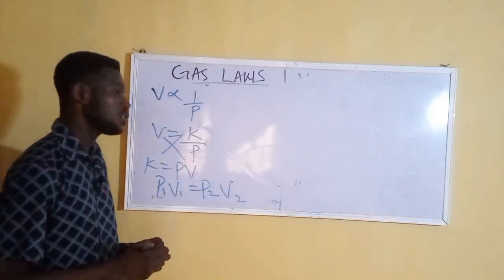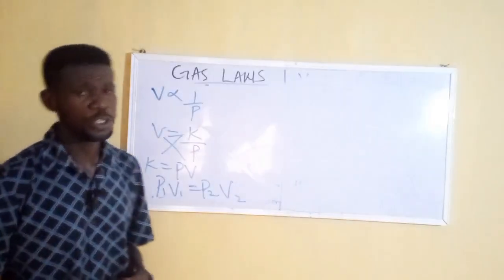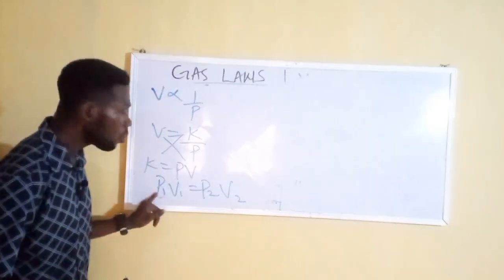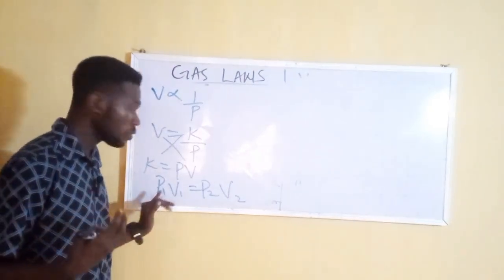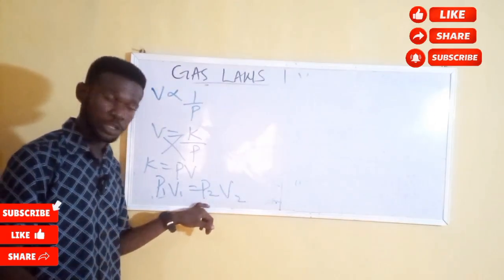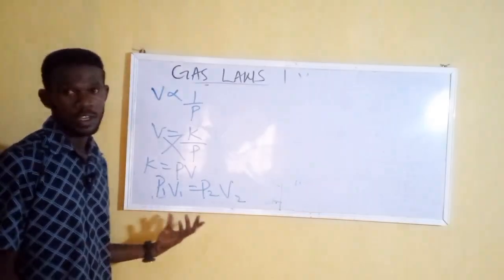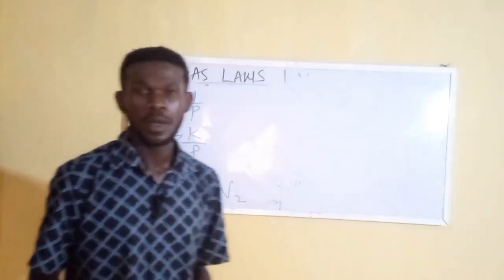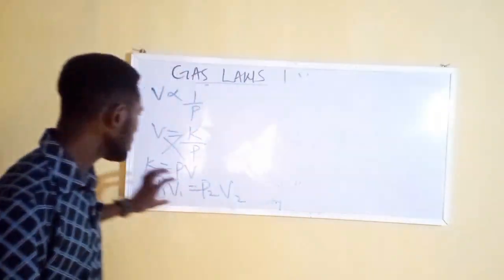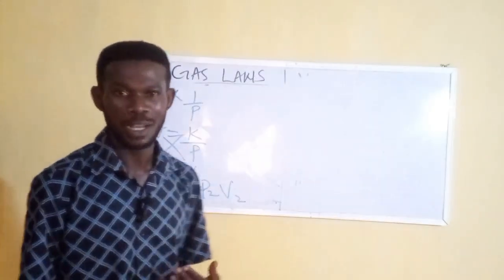Your P1 stands for the initial pressure, your V1 stands for the initial volume, your P2 stands for the new pressure, and your V2 stands for the new volume. As far as there is no new temperature, this is what you are working with. So now let us carry out our calculations.